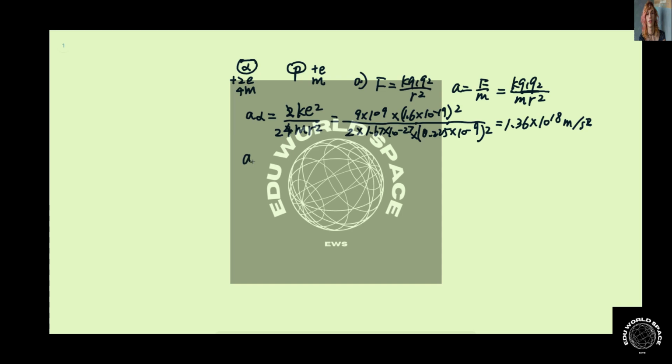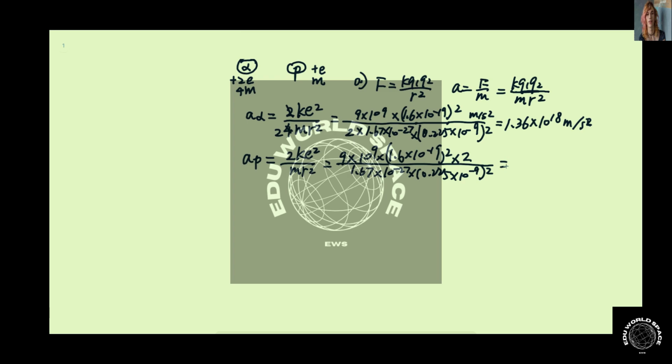So the acceleration for the proton is, again, 2ke squared, since it's e times 2e, and now we have just m r squared. The numerator is the same, times 1 times 10 to the 9, with units of newton meter squared per coulomb squared, times 2 over 1.67 times 10 to the negative 27 times 0.225 times 10 to the negative 9, squared.